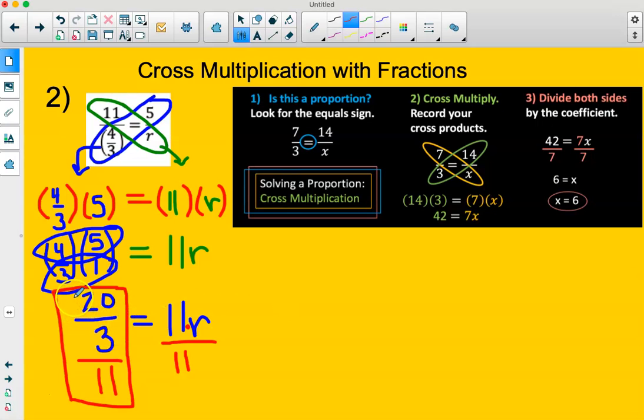So just so that it's nice and clear, I want to make sure you know that the 20/3 is together, so I'm going to put parentheses around that. And then this is the larger fraction bar separating the two numbers. So over here, what I'm going to do is place the 1r on this side, because 11 divided by 11 equals 1, so we're left with 1r.